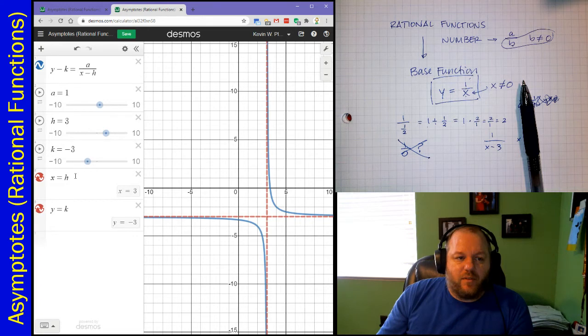So if I took x equals 2, 1/2 is 1/4, or is 2, sorry. X equals 2 is 1/2. 1/2 minus 3 is 2.5.